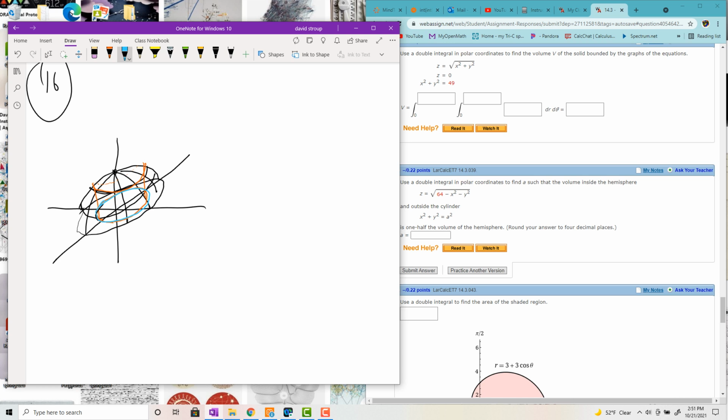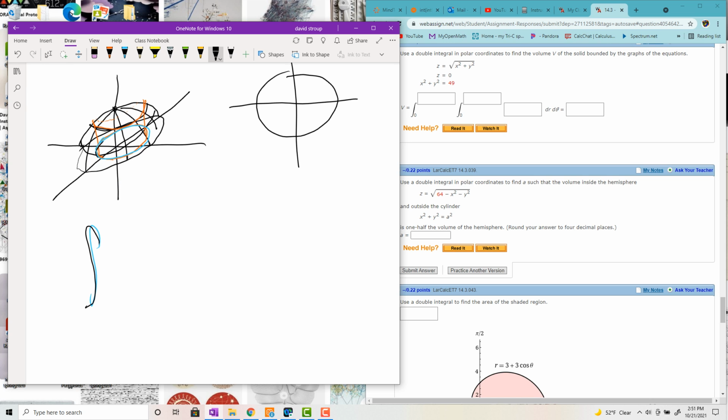So the integral, then the setup, and I could kind of take a look at the xy plane here. I want to do a double integral, so the r is going to go from 0 to whatever the radius is. Here they're giving you an a for radius.